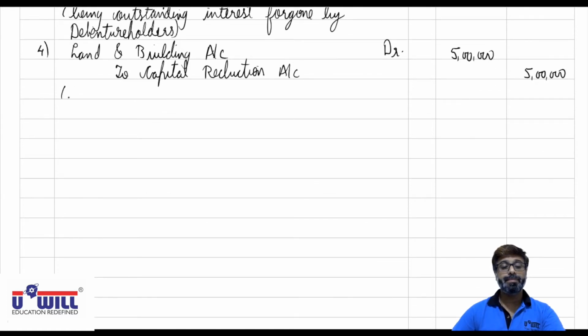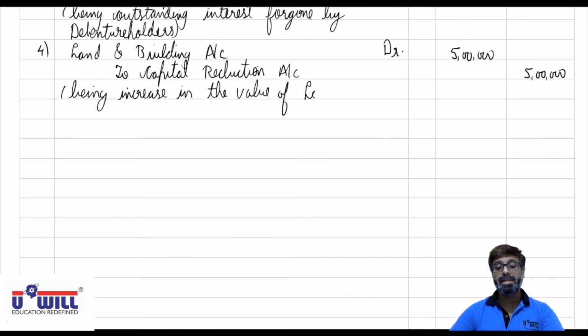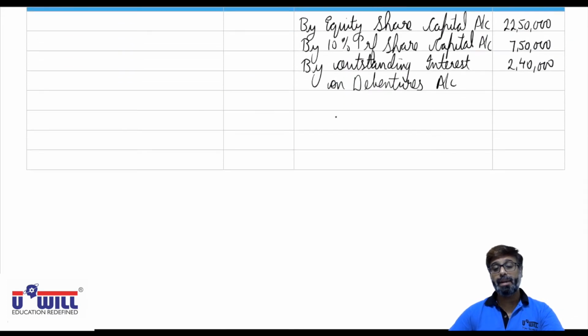Being increase in the value of land and building. Now to capital reduction account, so in capital reduction we will write on credit side by land and building account 5 lakhs.